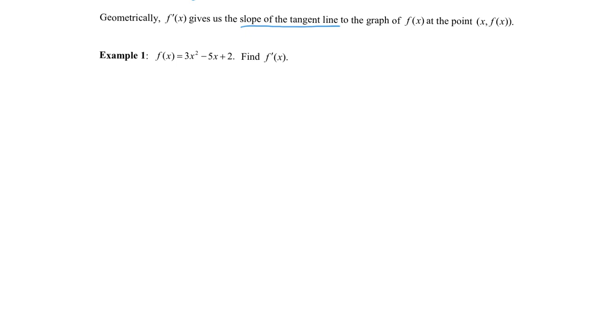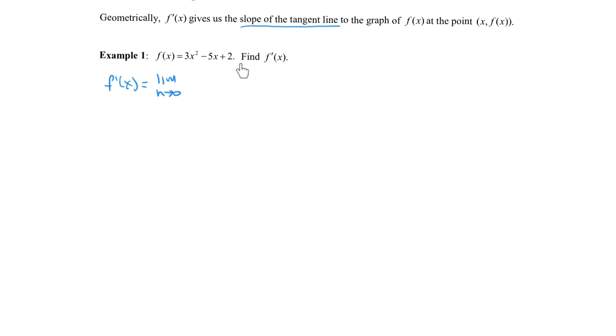So let's take a look at this one. We want to find f prime of x. By the definition above, it's going to be the limit as h approaches 0 of f of x plus h. Remember what that means: wherever I see an x in f of x, I'm going to replace it with x plus h.